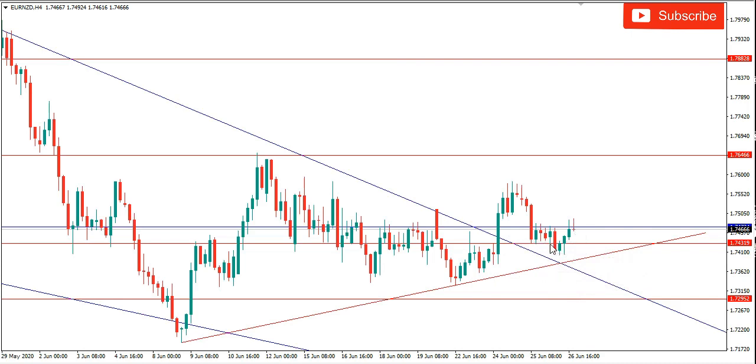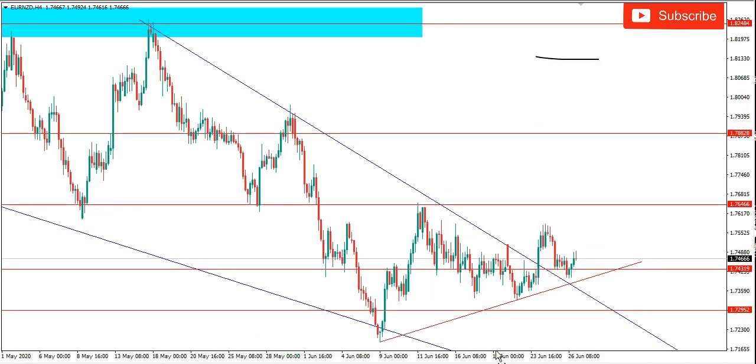So I'm looking for entries into this area and my overall target up here. That's what I'll be expecting from EURNZD over the next few days or weeks, as the case may be.